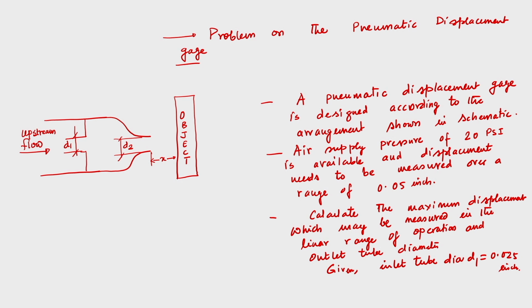Now, it is given that we have to measure the maximum displacement in the linear range of operation. If we try to recall, we studied a few days back that this gauge is used to measure very small displacements that you cannot measure using other typical gauges and devices.